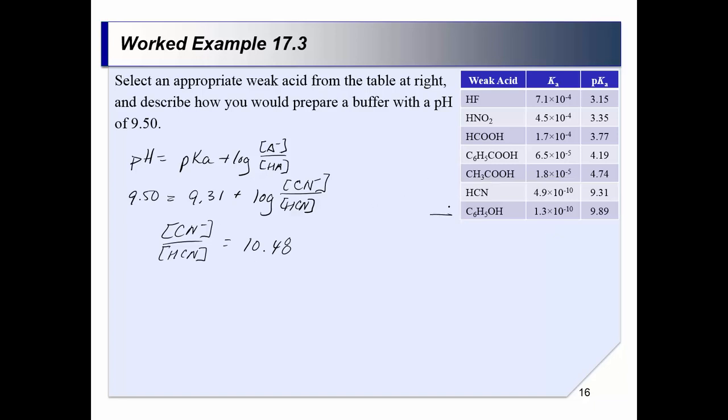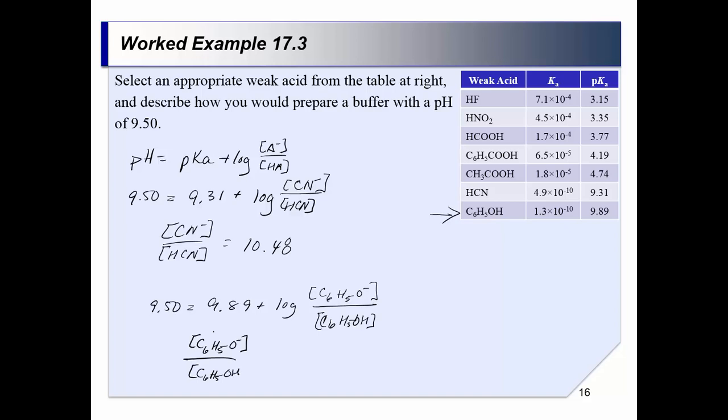So let's look at phenol. Again, I want 9.5 and my pKa is 9.89. I'm going to look at the log of my phenolic anion and phenol. And then when I solve for that, I get the ratio of my anion to my weak acid is actually equal to 0.41.